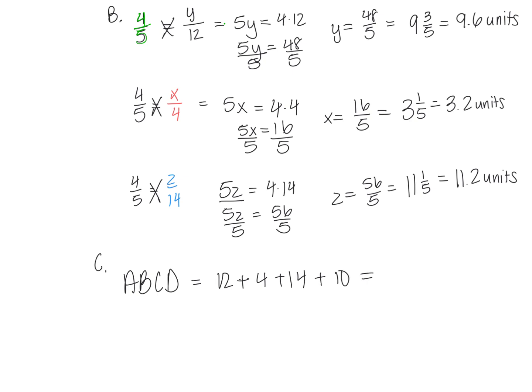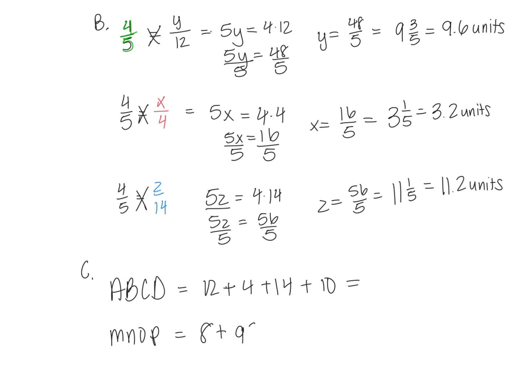And then M, N, O, P. 8 plus 9 and 1/5, 3/5. Or you could add the decimals. They all have the same denominator, so I'm going to add the fractions.